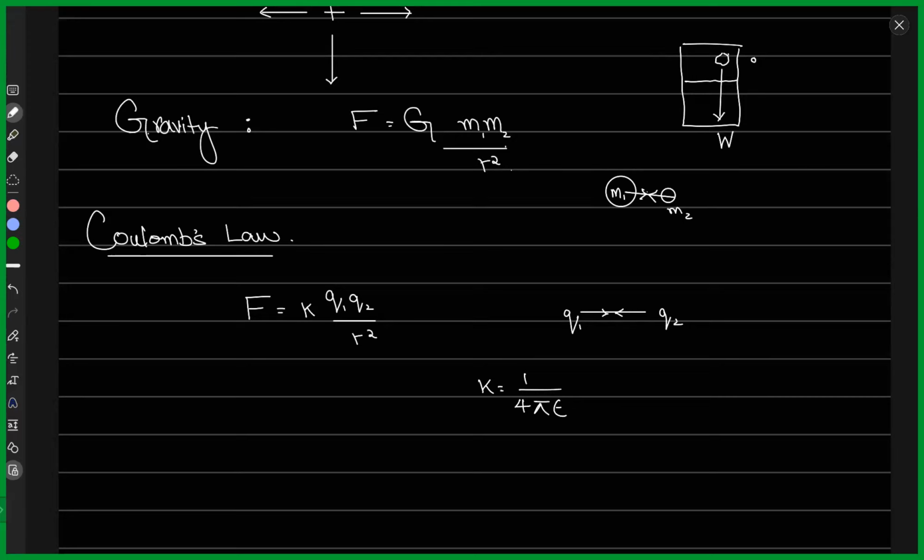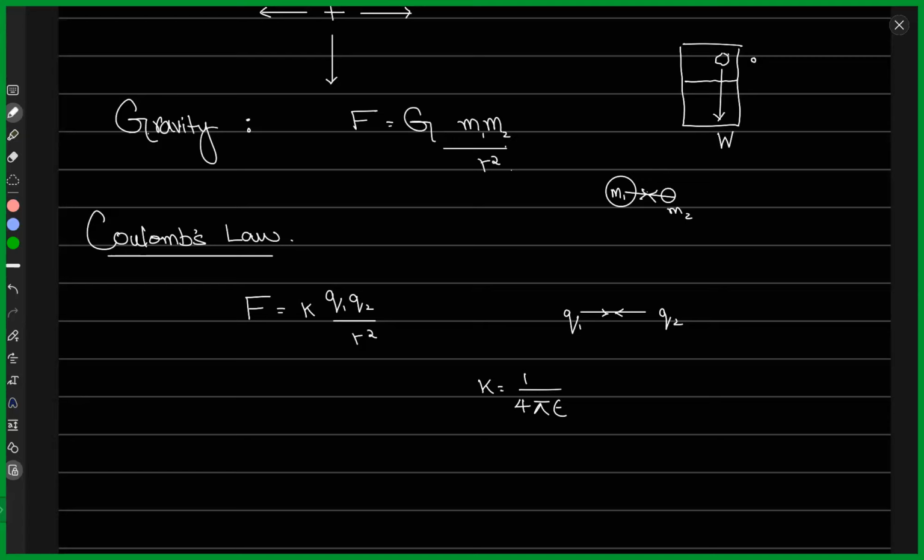So it defines the permittivity of that free space. This constant also plays a very important role in determining the speed of light. But anyways, this is the expression for the force between two electric charges.